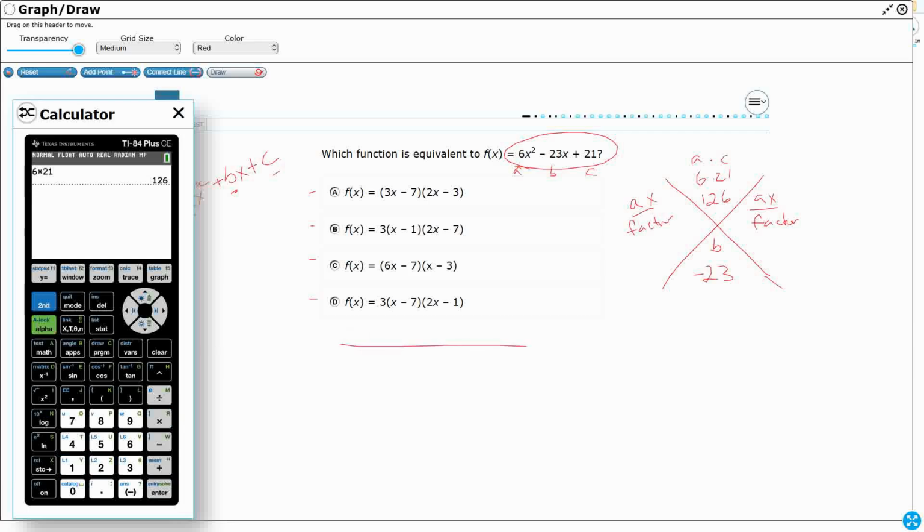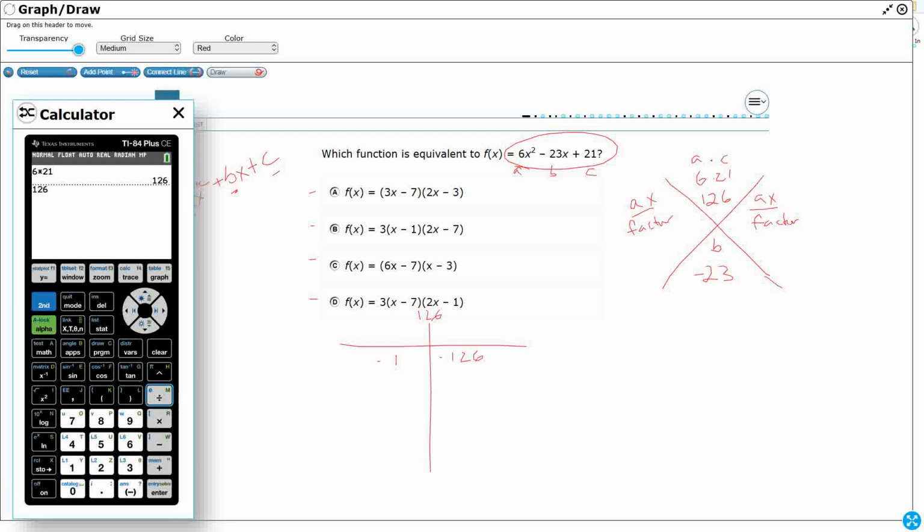Let's start listing out factors of 126, right? Obviously, I can do 1 and 126. Those two would not add to negative 23. And since it's going to be negative, I can make both of them negative, because two negatives would add up to a negative. So let's just keep these as negative.